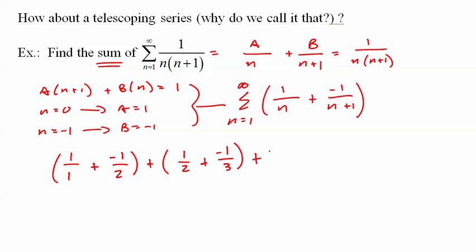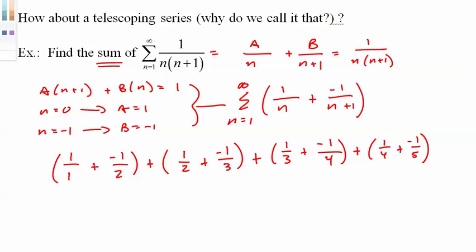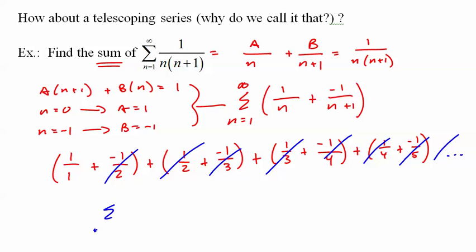Now put in n equals 3: 1/3, negative 1/4. 1/4, negative 1/5. Take a look. We get 1, and they cancel, they cancel, and they cancel, and they will cancel ad infinitum. The sum equals 1.